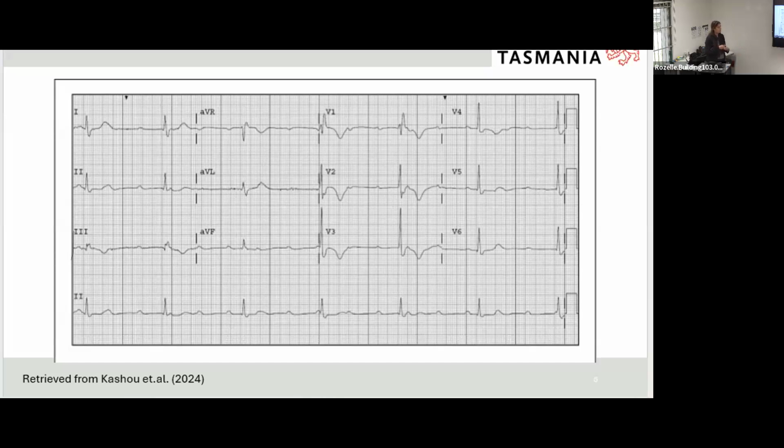Ischemia, yeah, potentially, John, absolutely. From Luke, we have repolarization happening in the wrong direction, irregular repolarization.